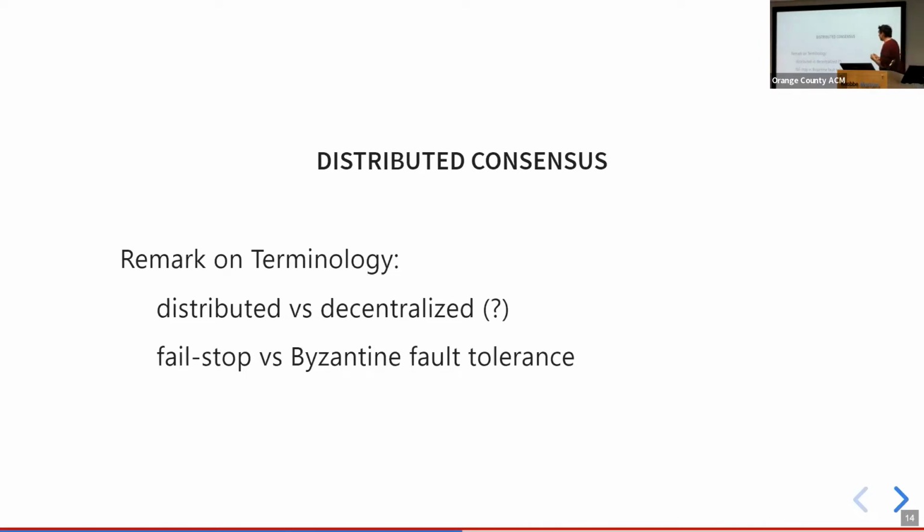Another distinction one can make is the kind of fault tolerance you require. Fail-stop fault tolerance means that you have the means to recognize whether a component of a system fails.